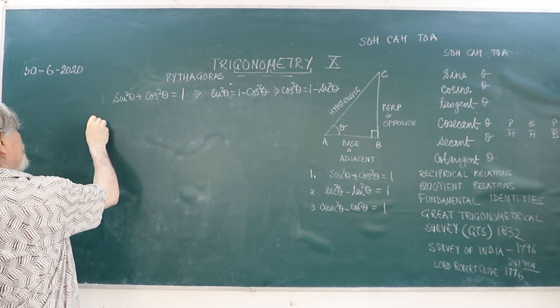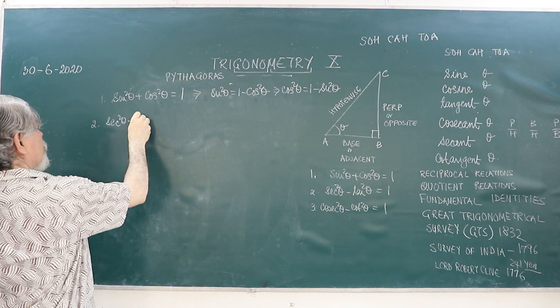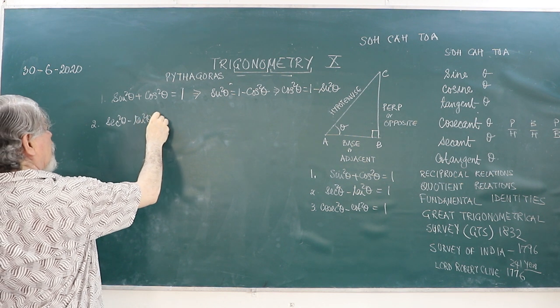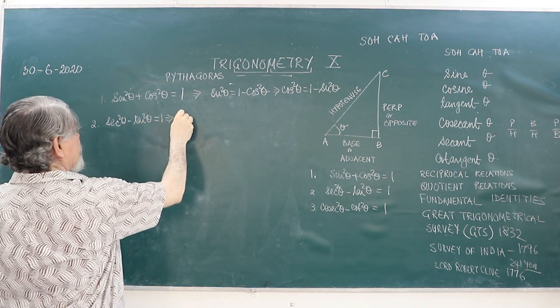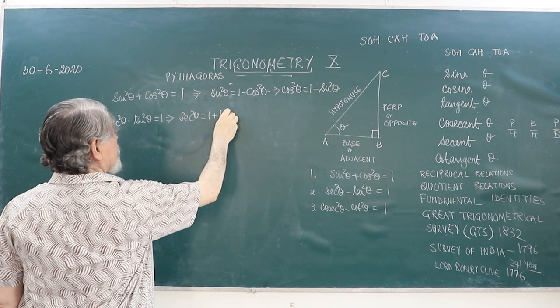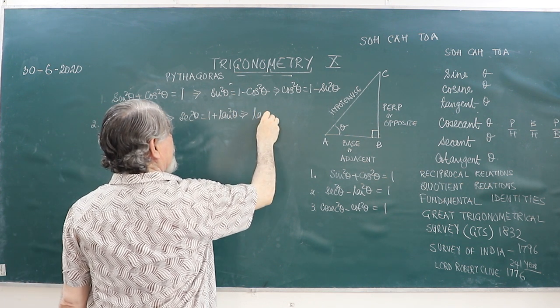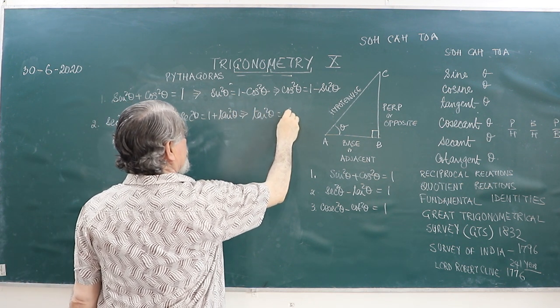Similarly, the second one is sec square theta minus tan square theta is 1. It can be written as sec square theta is 1 plus tan square theta, or tan square theta can be written as sec square theta minus 1.